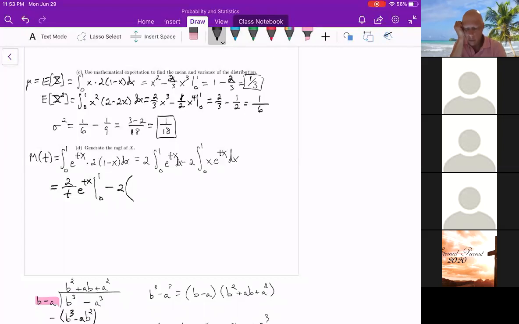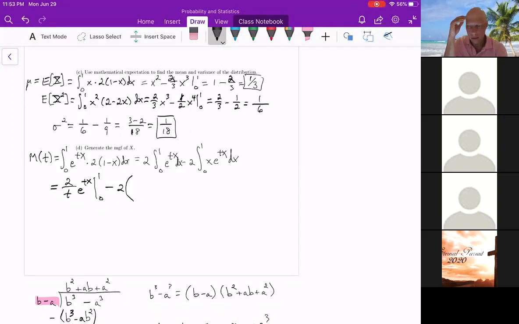Oh, you left it under one integral. That's fine. I separated just because the integral of e to the tx can be solved with u substitution, whereas the integral of x e to the tx is going to use a different method that'll use integration by parts. Or are you guys taught the tabular method? Does that name ring a bell?